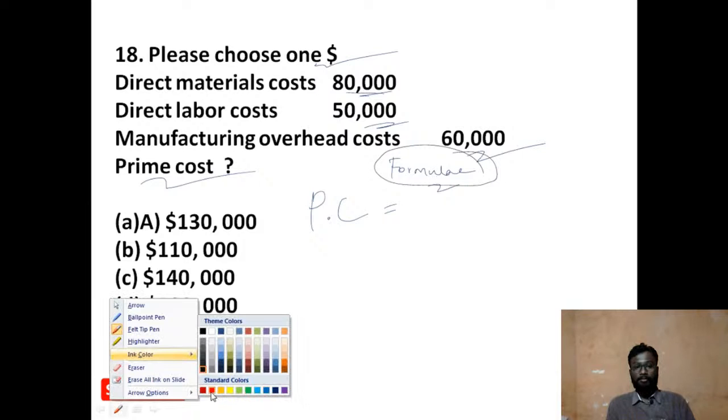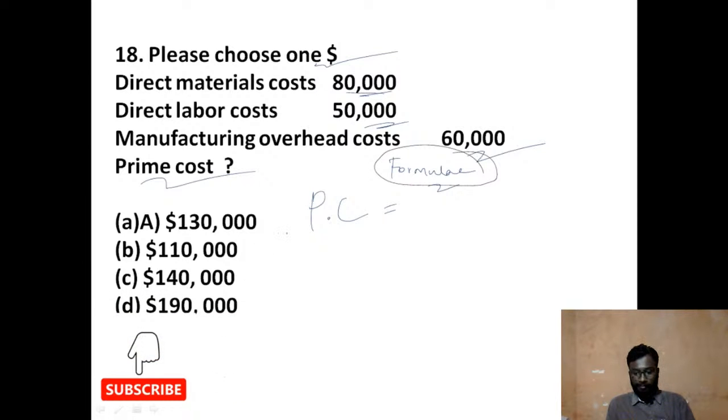Yes, Radhika, very good, ma. So prime cost is nothing but direct material plus direct labor plus direct expenses.